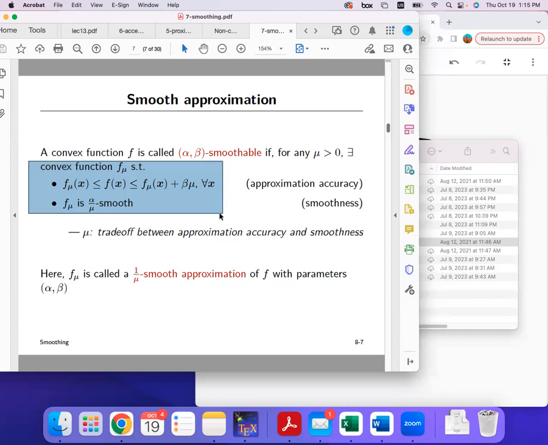We haven't talked about how to construct such a function f mu. If we can find such a function f mu that approximates the original function well, and also it is smooth, then we call this function alpha beta smoothable.